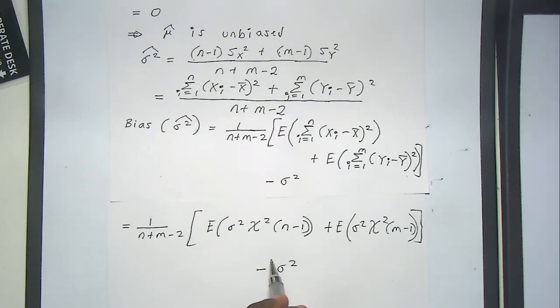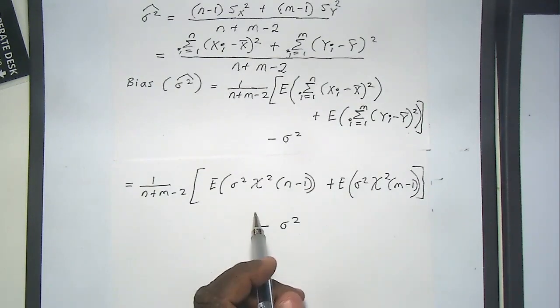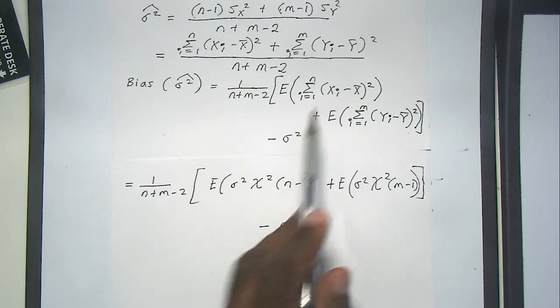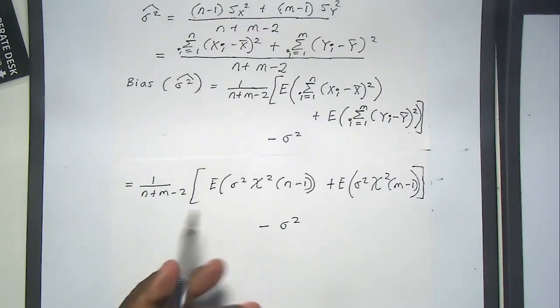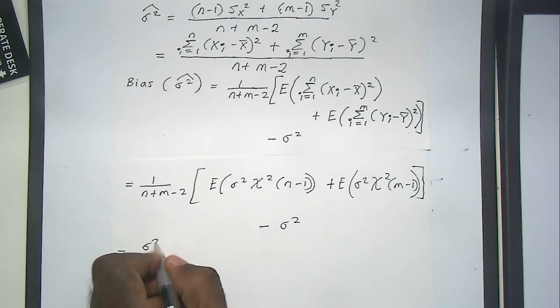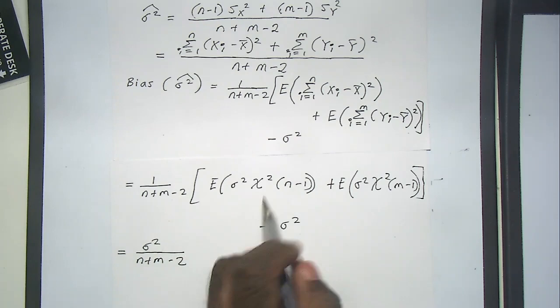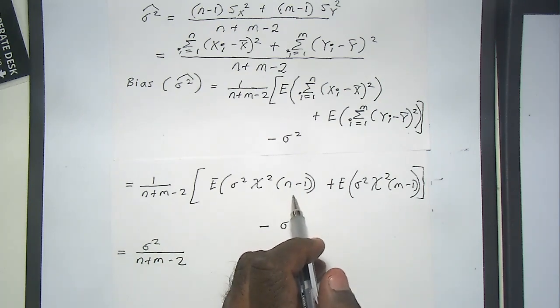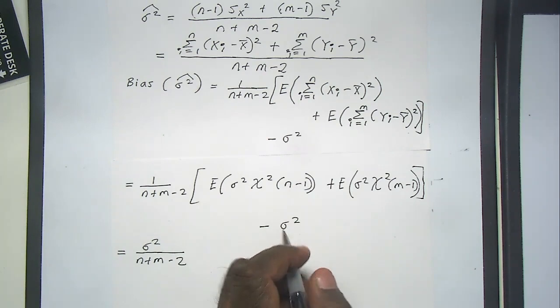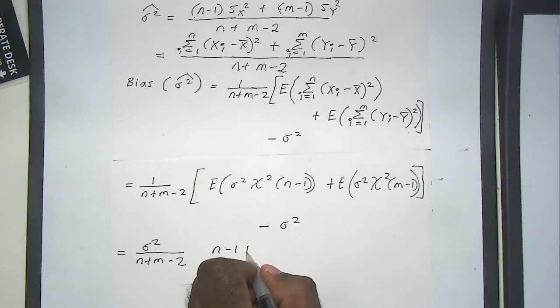If you don't remember, please go back and look at the scan notes. It's also in the list of formulas you need to remember for the final exam. Alright? Now, sigma squared you can pull out. Now, the expectation of a chi-squared n minus 1 is, do you remember, n minus 1. And the expectation of chi-squared m minus 1 is m minus 1.